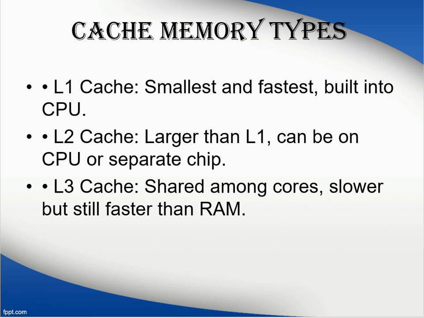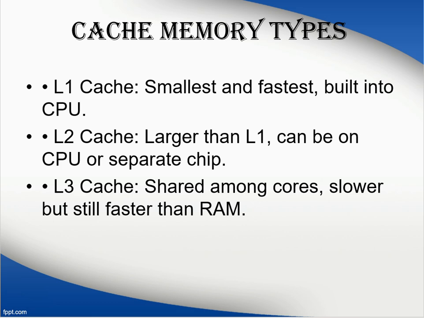So the level 1 and the level 2 cache may be embedded on the CPU, or it can be on a separate chip or co-processor and have a high speed alternative system bus connecting the cache and CPU. That way it doesn't get slowed by traffic on the main system bus.